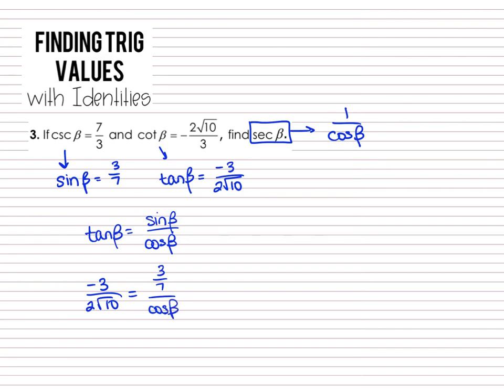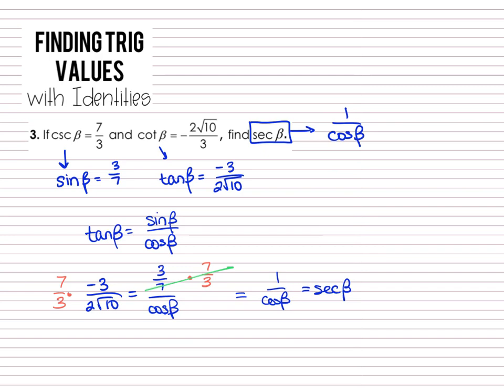If we multiply both sides by 7 over 3, that's going to get rid of this fraction in the top. And what I'm left with then is 1 over cosine, which actually is secant.